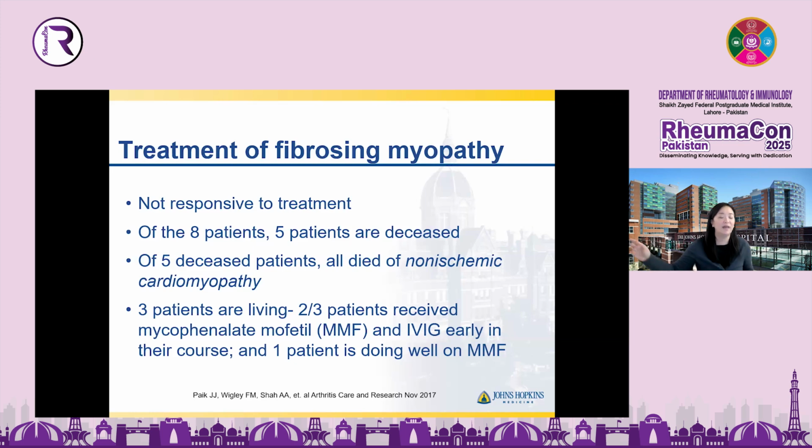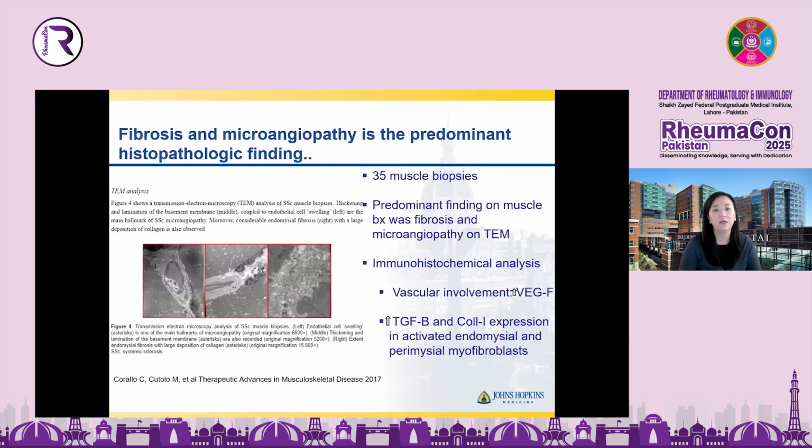This is not a patient with end stage diffuse scleroderma, 15 years, and then we're doing a muscle biopsy on them, because that would be a totally different story. Then you could say maybe it's because they've had scleroderma for a long time and they have fibrosis everywhere. But no, this is really patients early in their disease getting a fibrosing myopathy and requiring treatment.